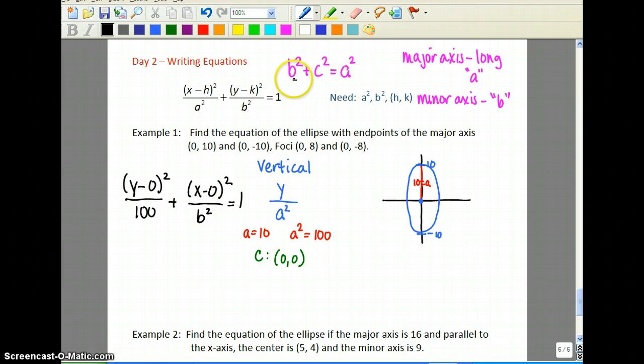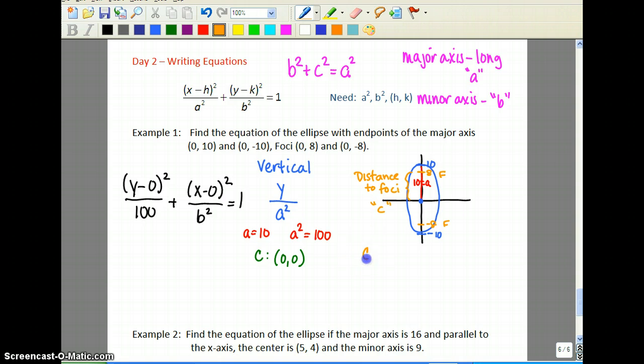So the only thing we have left to figure out is what b squared is. Well, if we use this formula up here, since we know what a squared is, we also know from the information they gave us that the foci are at 8 and negative 8. And we should remember that the distance out to the foci is equal to letter c.